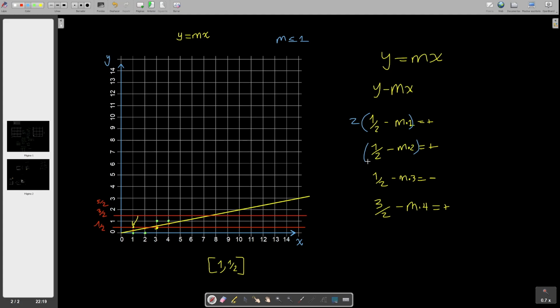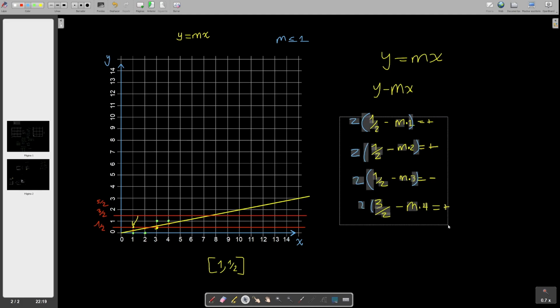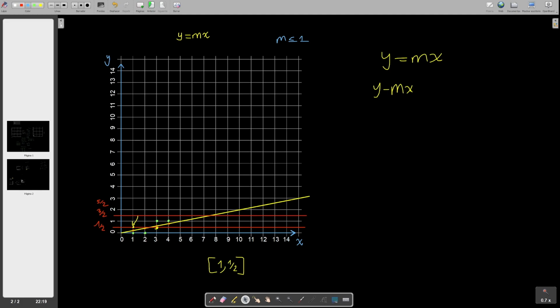So if I'm going to do this for all of my evaluations, well, this I can just summarize as giving a different shape to this equation. I can multiply by 2, and whatever sign these results is going to be the same sign, just multiplied by 2. So my equation has transformed into this new equation.